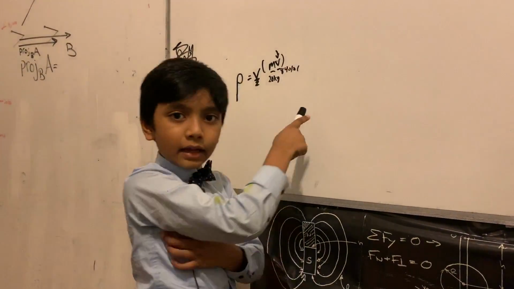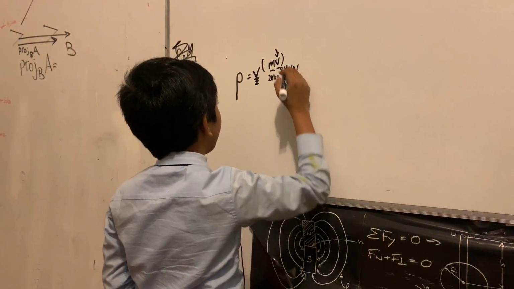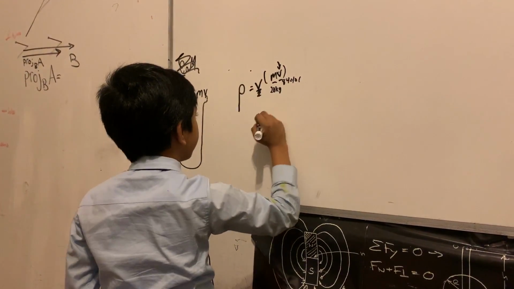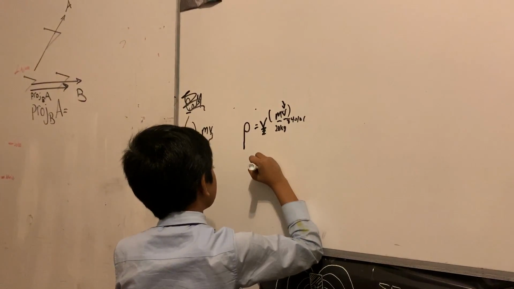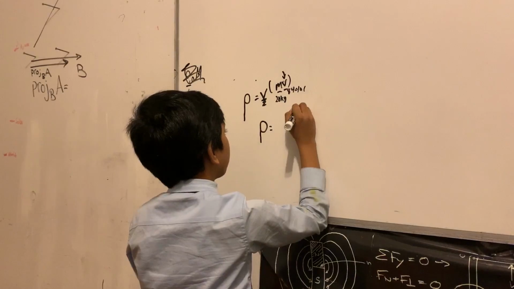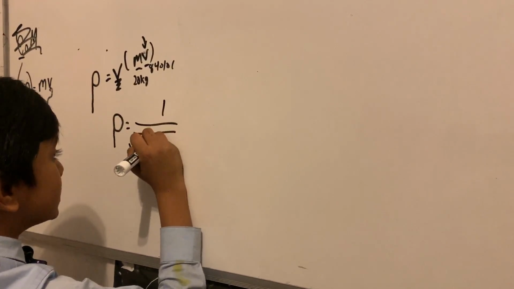You'll see why that number helps us later. And then we have gamma, which can be expanded. So that gamma will be expanded into 1 over the square root of 1 minus v over c squared.